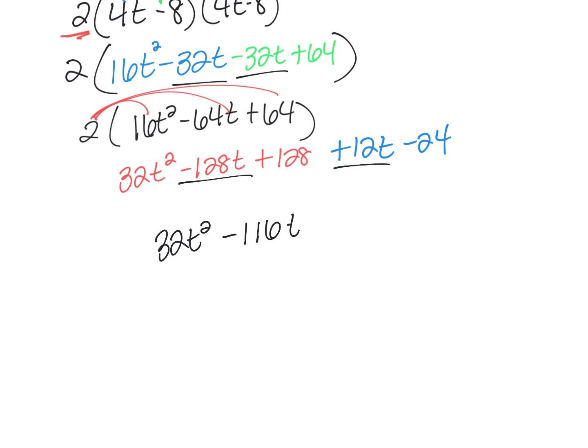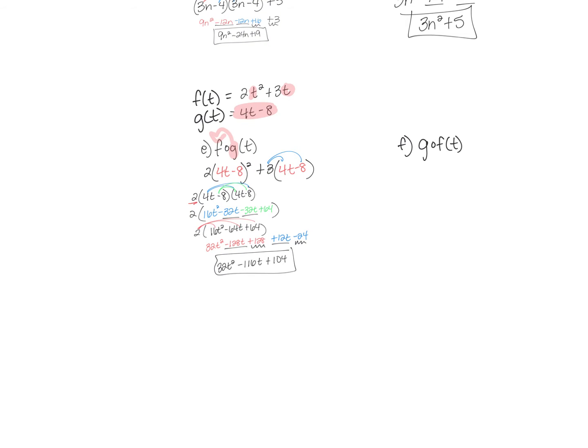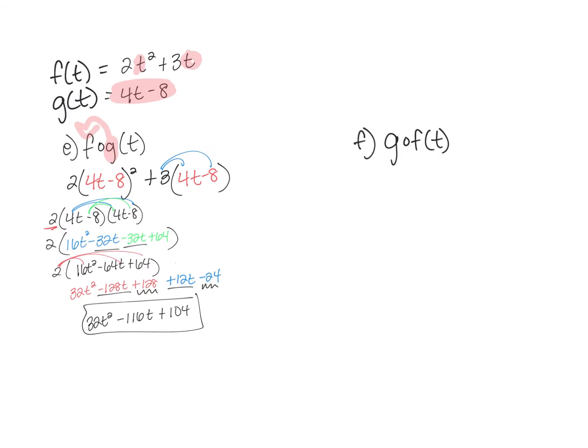And then I have positive 128 and negative 24, which would give me positive 104, I believe, if I did that math in my head correctly. Okay, that is it for that problem. So let's box it, and we're done. We just have one more to go. I think this one's a little bit easier, so don't worry.